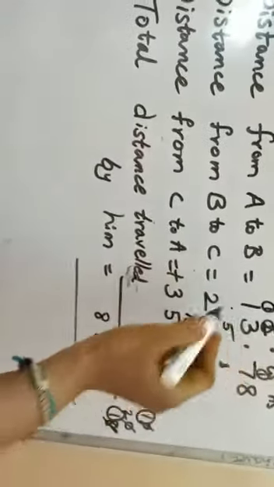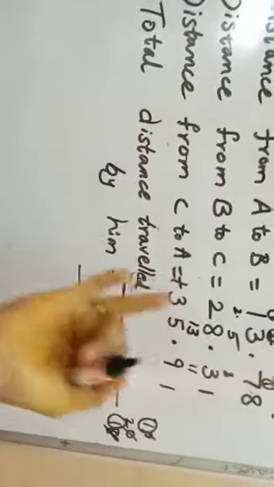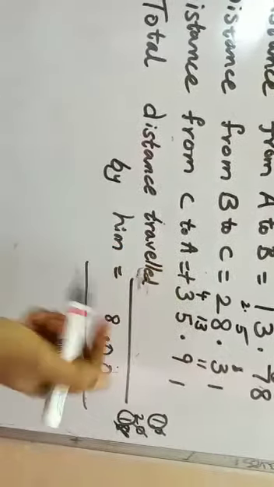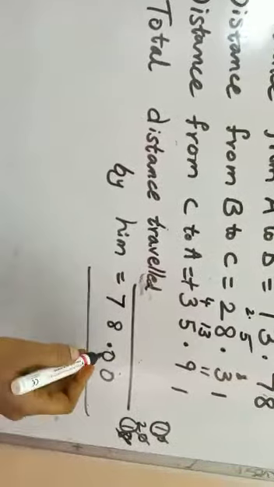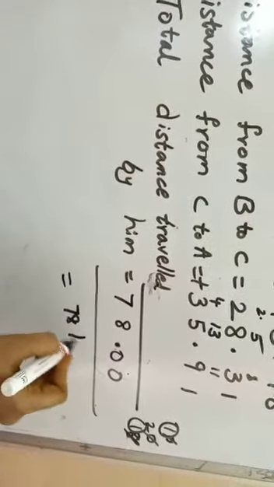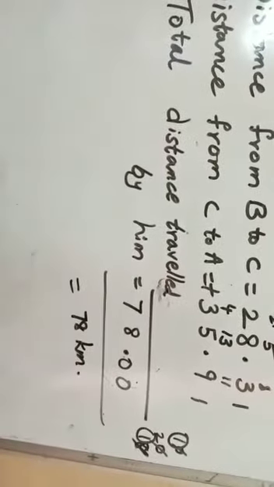1 plus 1 is 2, 2 plus 2, 2 after 3, 4, 4 plus 3 is 5, 6, 7. 78.00. That means 78 kilometers. Okay, 0.00 means nothing will be there.